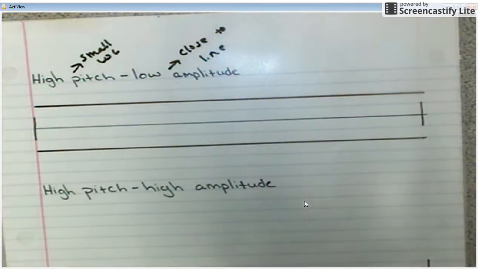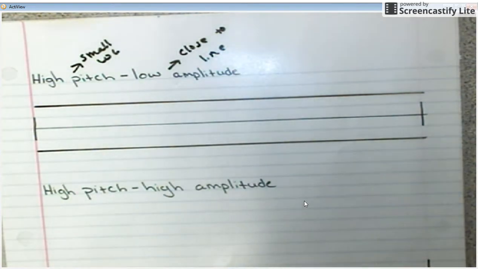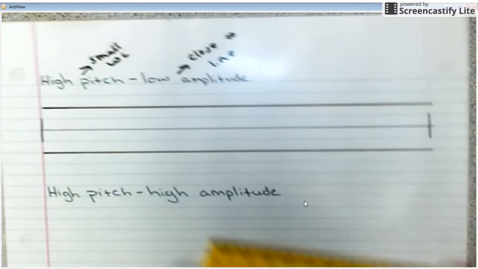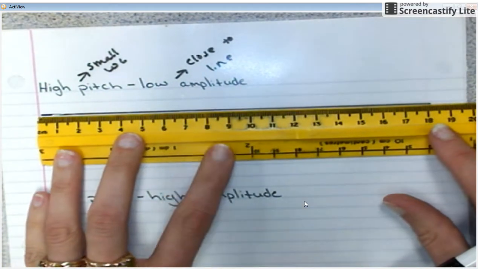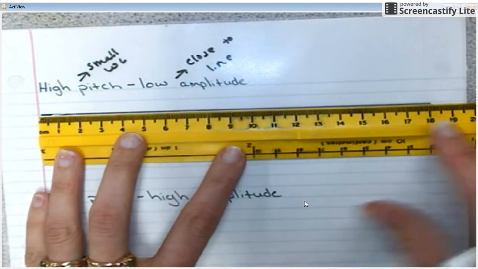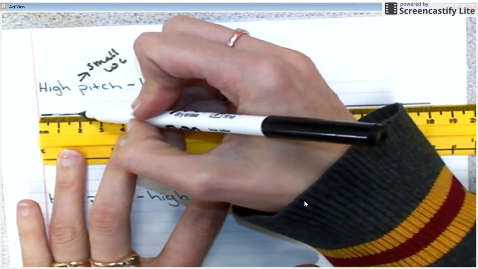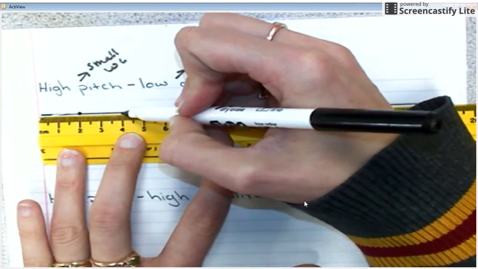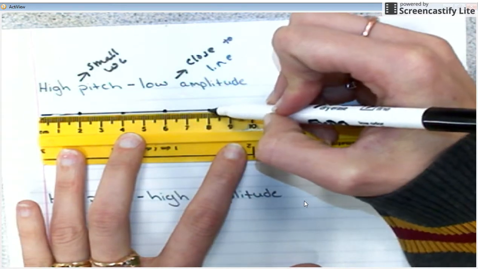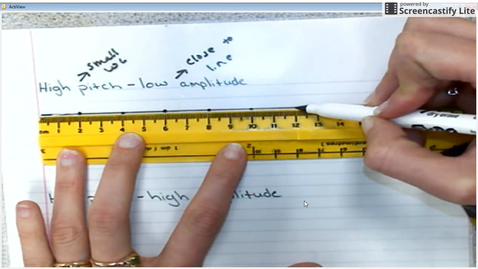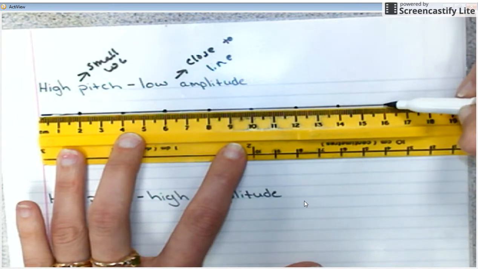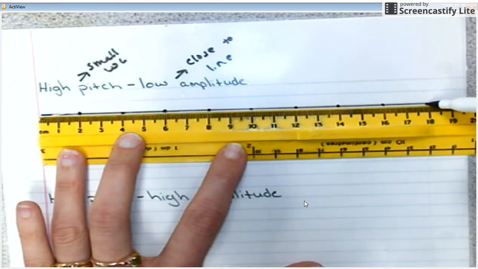And now we need to deal with the small wavelength, so we need to pick a small number. Because this is 18 centimeters, I'm going to go with a 2 centimeter wavelength. So 2, 4, 6, 8, 10, 12, 14, 16, 18.